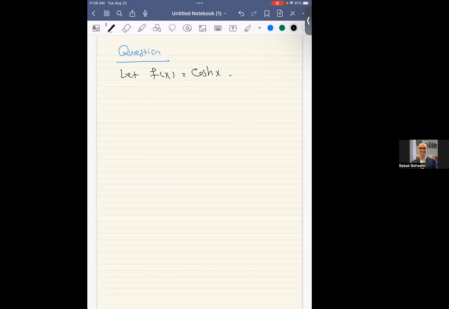Remember that cosine hyperbolic is just e to the power x plus e to the power negative x, over 2. So show that f of a plus b plus f of a minus b is equal to 2 times f of a times f of b.